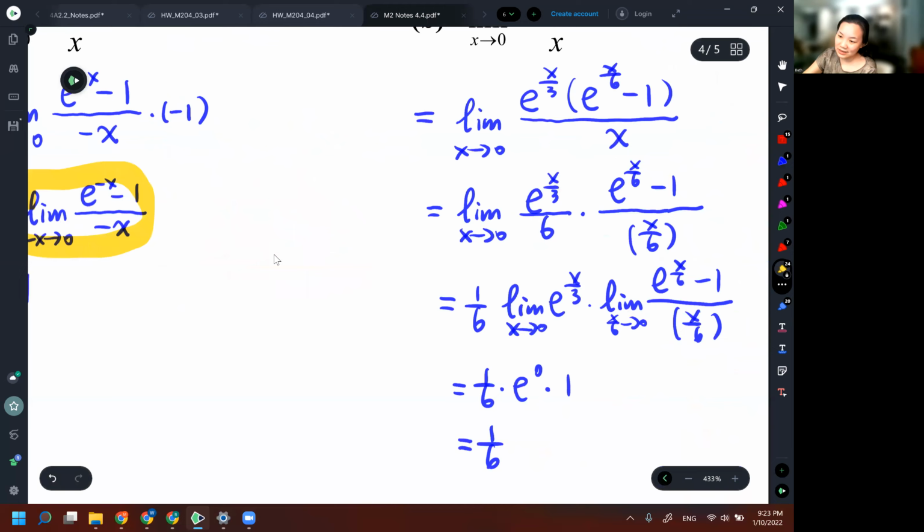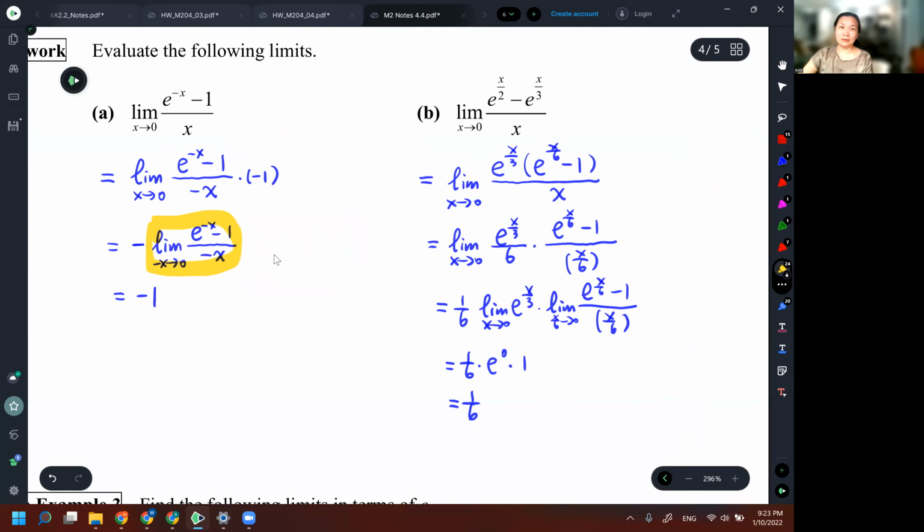Okay. The second one, it has a fractional index, but I hope you're fine with the fractional index because this is what I do. You see, I have a fraction x over 3. I take out x over 3. And I have another fraction x over 6. You have to get past that. It's fine to have a fraction. Okay. And then I will use the special limit here. You can see the special limit. In order to create that, I will divide x by 6.